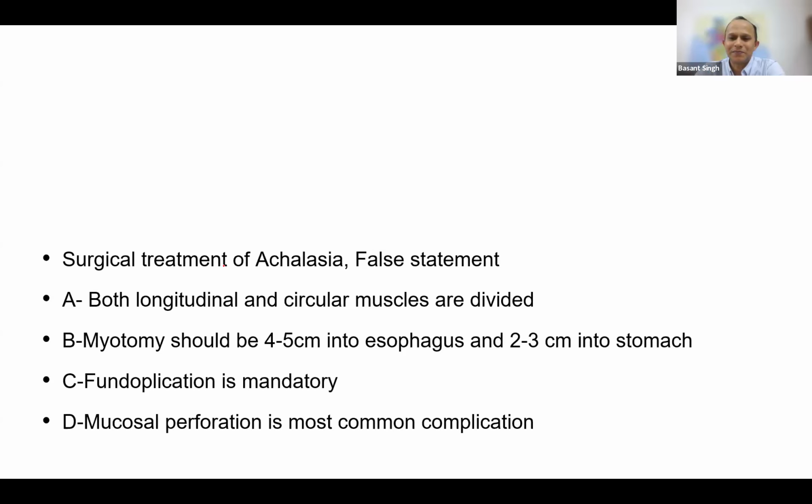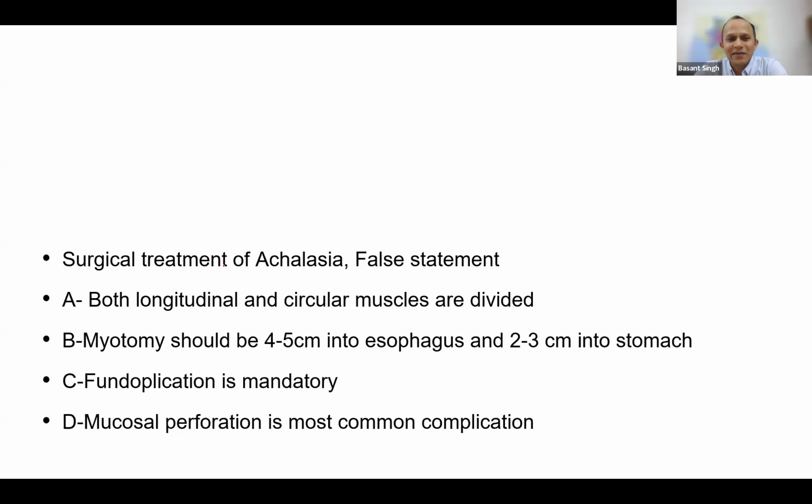Fundoplication is not mandatory. It's not that we have to do fundoplication in all patients. Even in type 3 achalasia, we sometimes don't do a fundoplication. Even in POEM, we don't do fundoplication, because POEM works very well. So that is one thing we have to remember, that fundoplication is not mandatory.